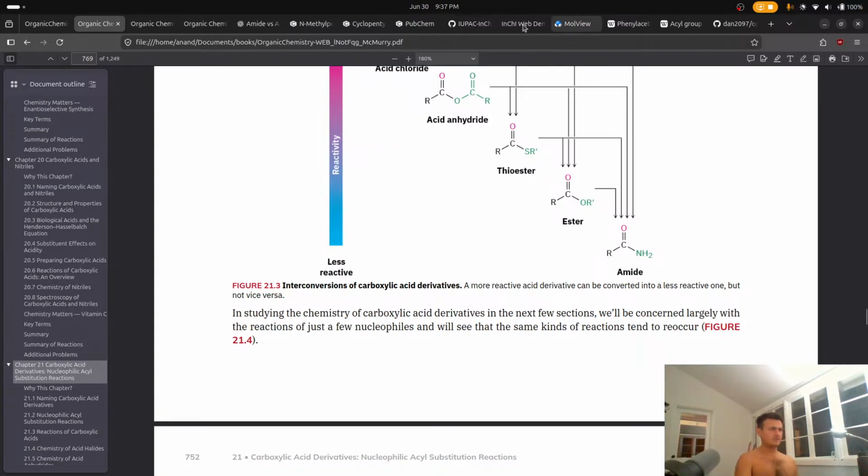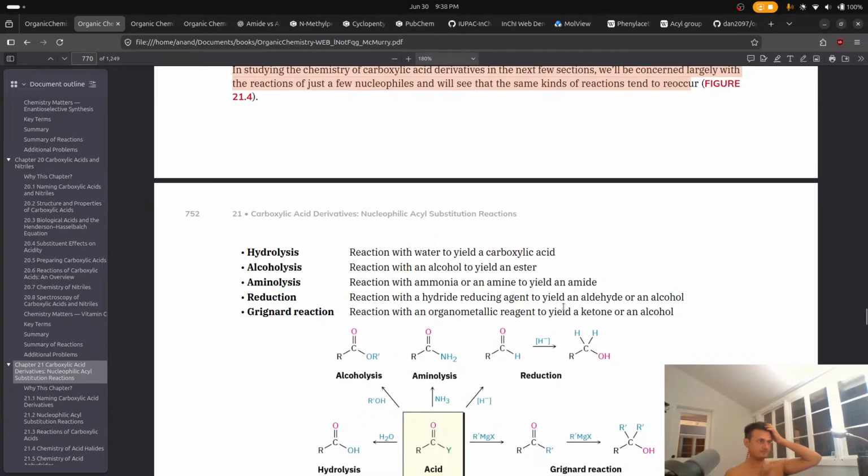In studying the chemistry of carboxylic acid derivatives in the next few sections, we'll be concerned largely with the reactions of just a few nucleophiles, and we'll see that the same kinds of reactions tend to reoccur.